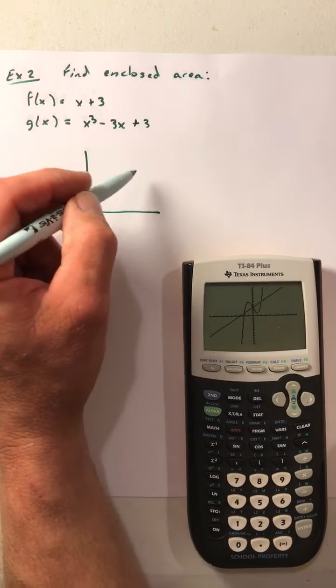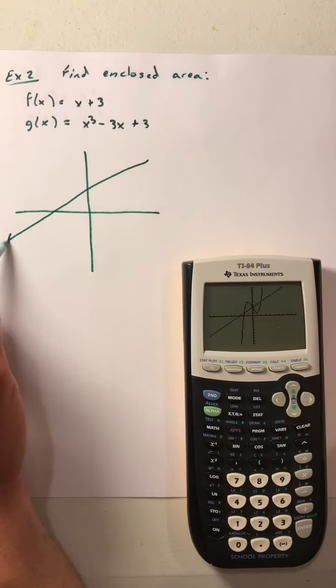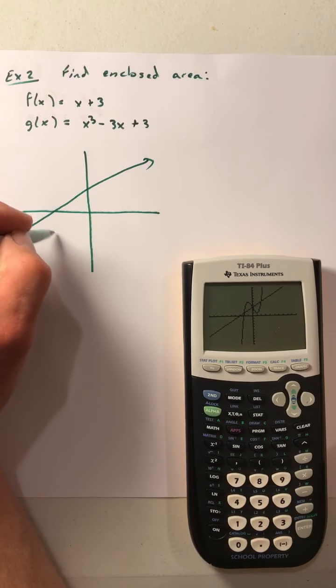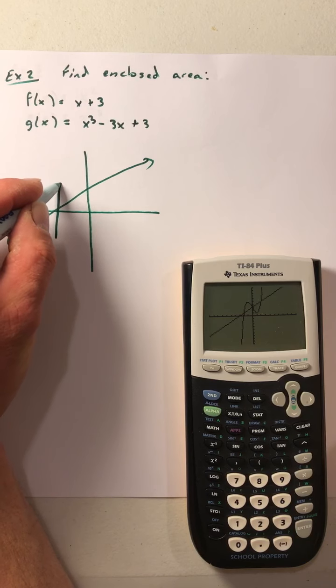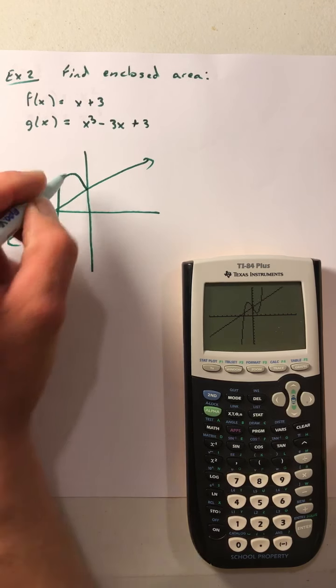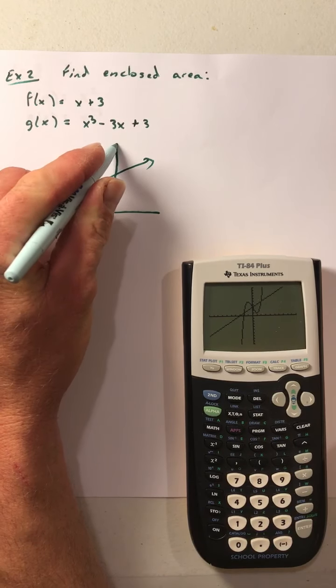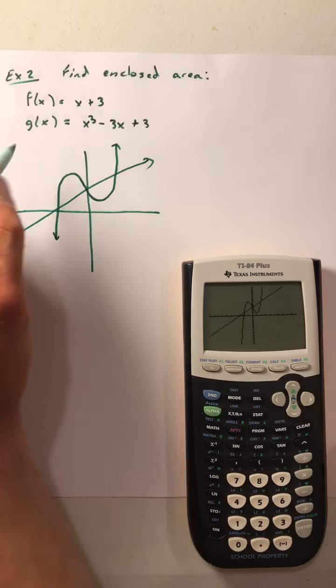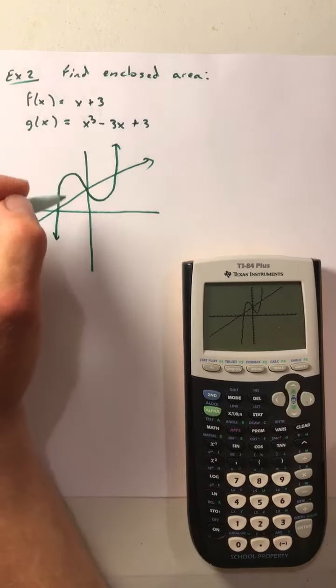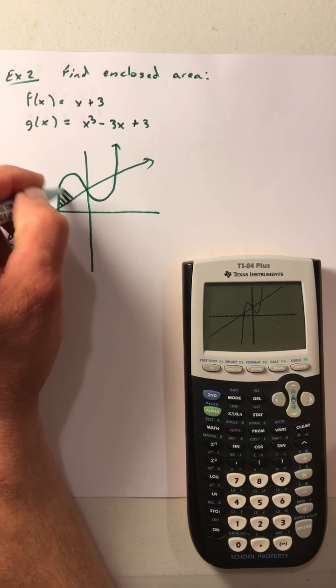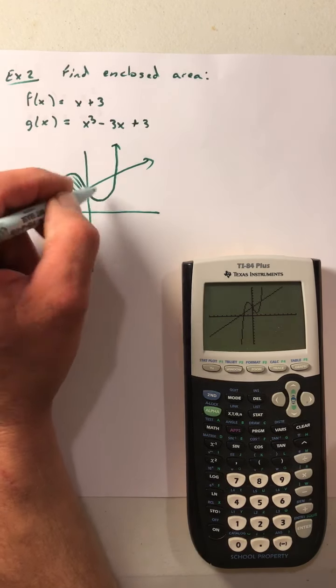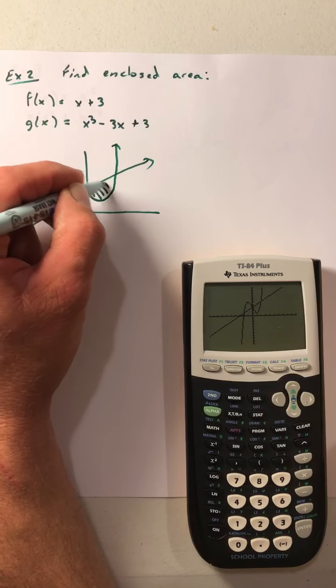Would you look at that? So here's that function. Notice what happens. We come up, we come back down, we actually cross that linear function, and we go back up, and we cross the linear function again. So hopefully we see that we have two regions created by these two functions.